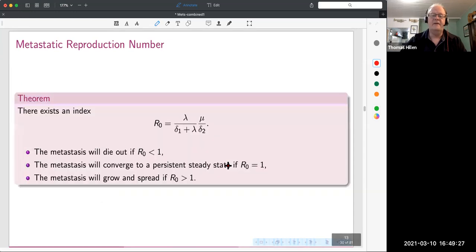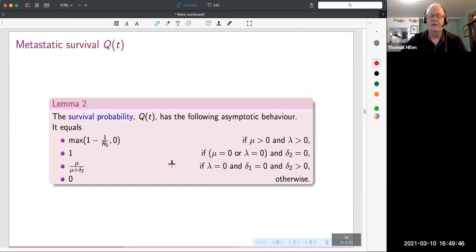And so we can define something like a reproduction number, R0, based on these parameters. And if R0 is less than 1, then the metastases die out. If R0 is equal to 1, they persist. And if R0 is bigger than 1, then they grow. Okay, so that's really interesting.